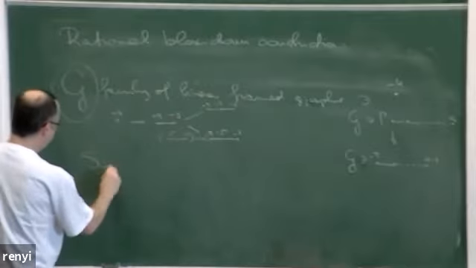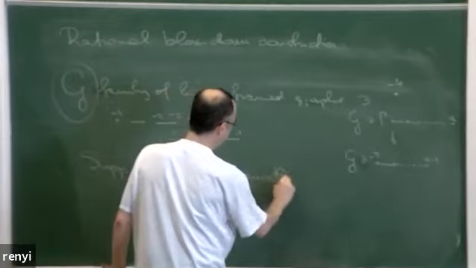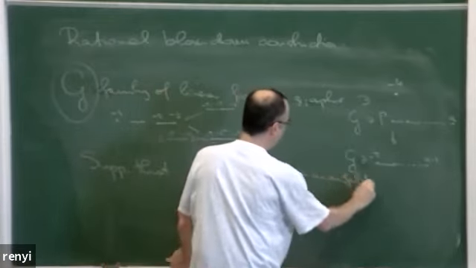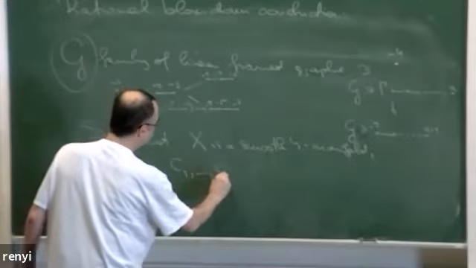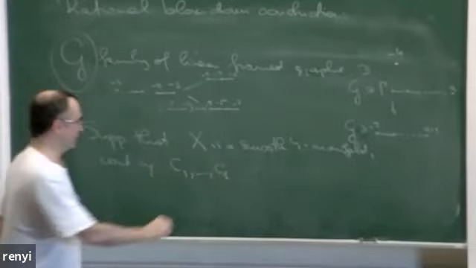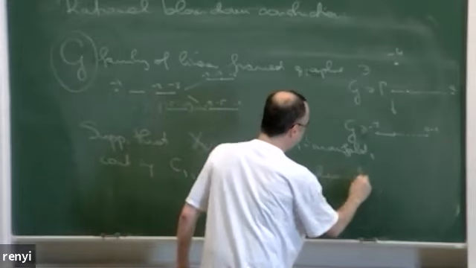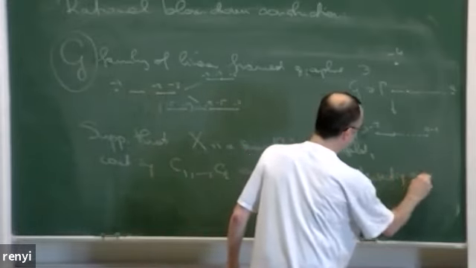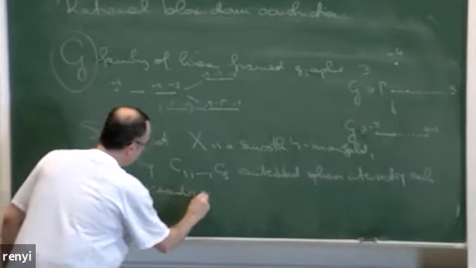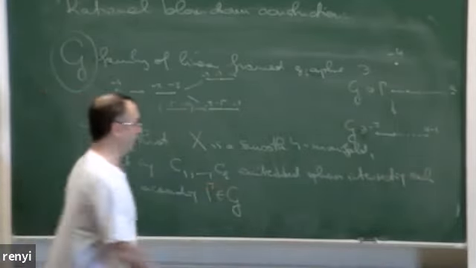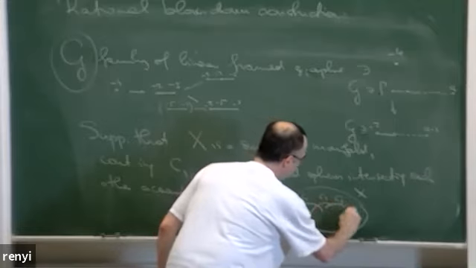And now suppose that X is a smooth 4-manifold which contains C1 through Ck, embedded spheres intersecting each other according to some gamma which is from G. So again, this is my X, this is C1, C2, C3, and so on, Ck.